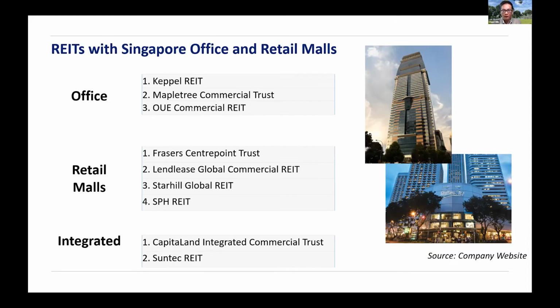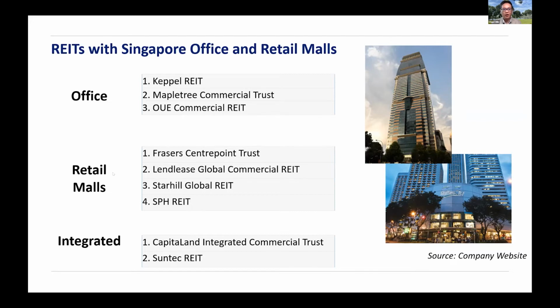First, office. As I mentioned just now, out of the 10 office REITs that we have listed, only 3 have the majority of their properties in Singapore: Keppel, Mapletree Commercial Trust, and OUE Commercial REIT.